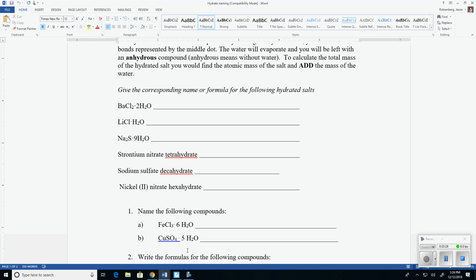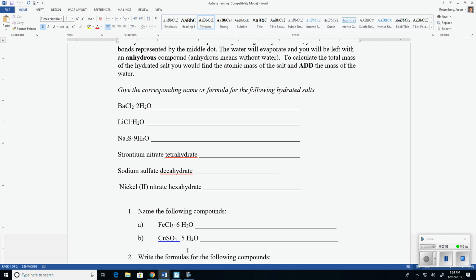How about you do the next 2? LiCl.H2O, Na2S.9H2O. What I would say for the second problem is this is typically the one time that you do use the mono prefix.